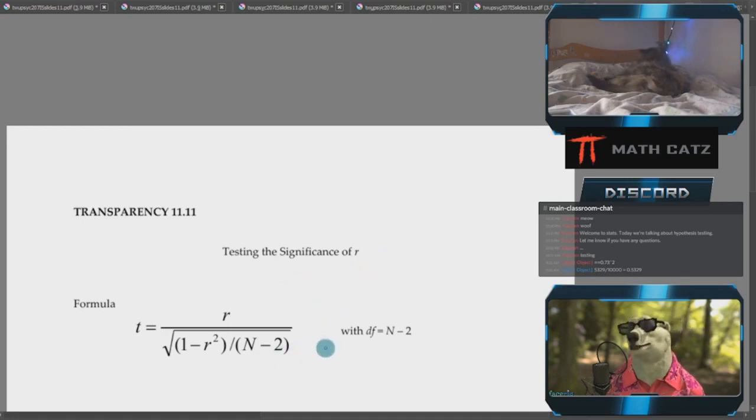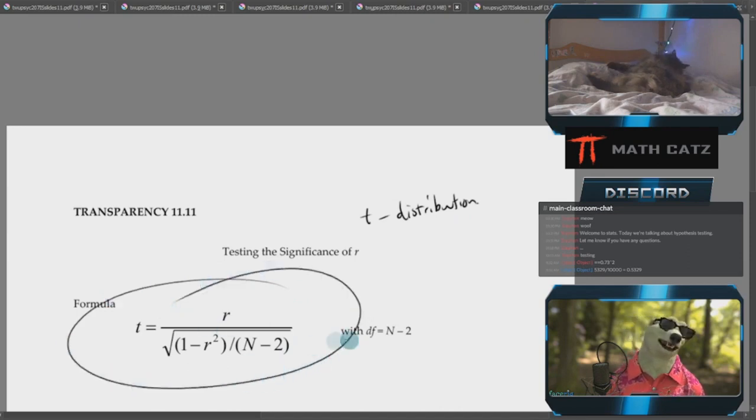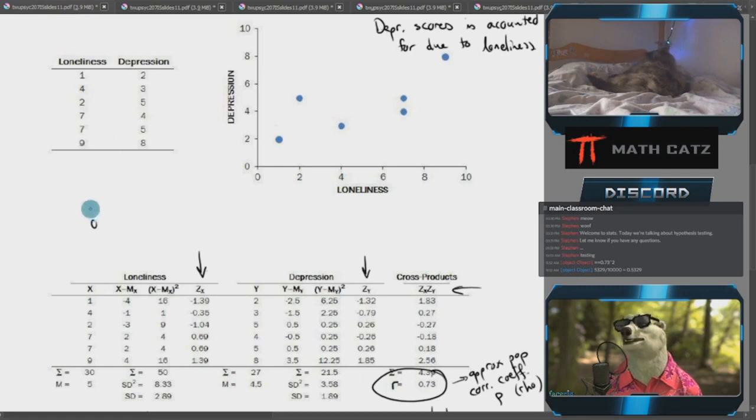The bad news is it's a new formula. The good news is that this follows a t-distribution again. If we calculate this, it follows a t-distribution with the degrees of freedom n minus 2, because I have 2 columns, so I can take 1 away on each side. So for our example here, we would have degrees of freedom 6 minus 2, so 4.